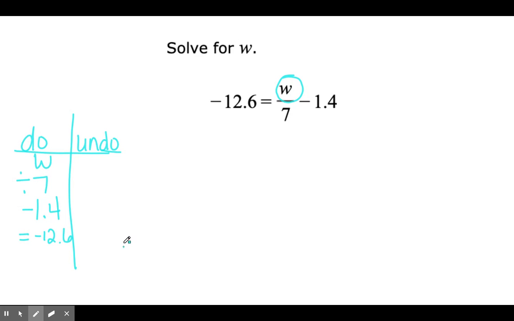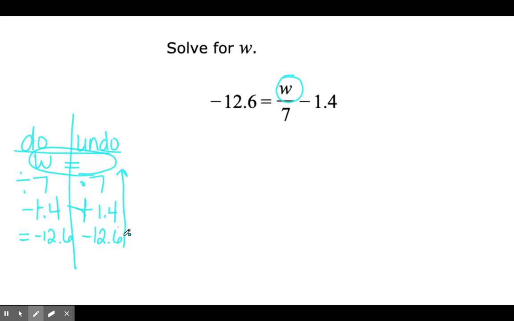Now to undo, I'm going to go the opposite direction here. I'm going to start with negative 12.6. Then I'm going to add, so I'm doing the opposite. I'm going to add 1.4. Instead of dividing by 7, I'm going to multiply by 7, and that's going to tell me what w is.